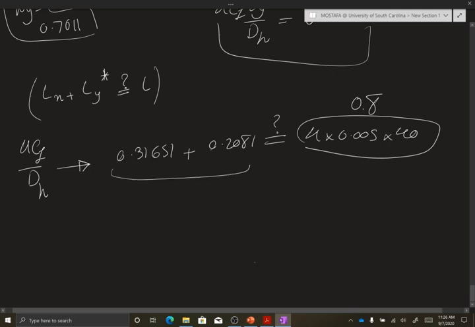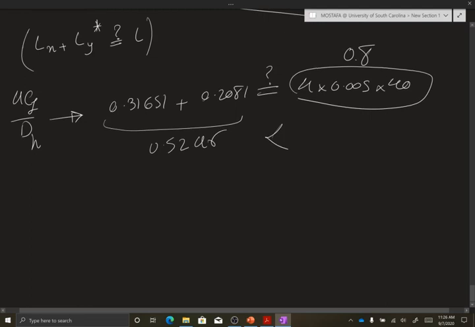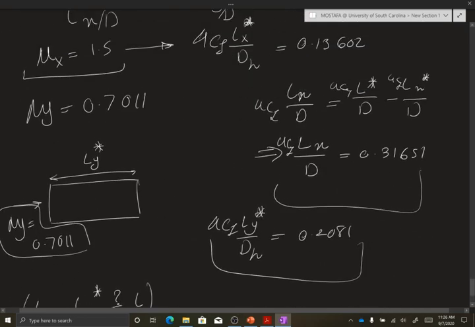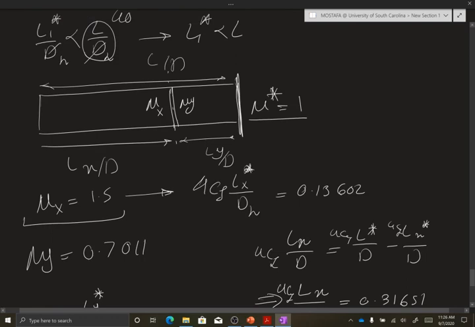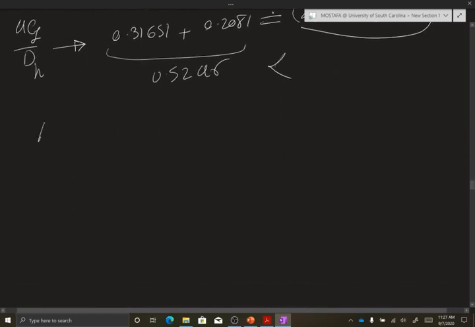And this side will give you 0.5246, right? So this is much smaller than 0.8. We want it to be as close as possible. What does this mean? It means that the value of the Mach number we have chosen is too small, or that your shock wave is very weak. So we move to the next step.